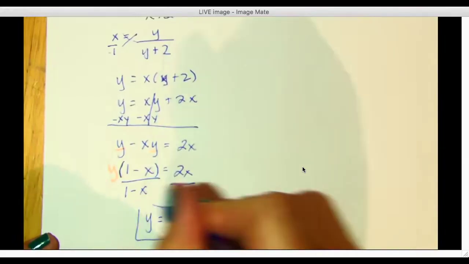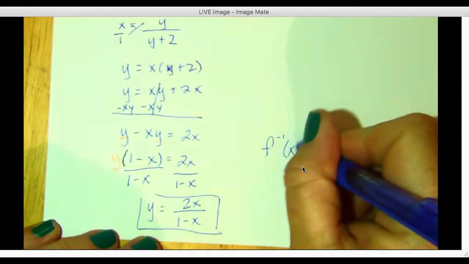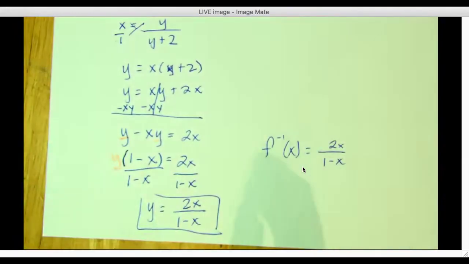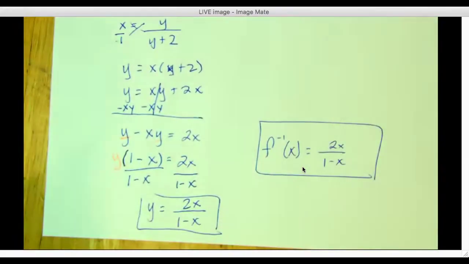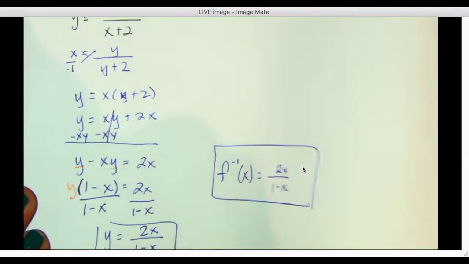And this would be the inverse. And I could always confirm that by plugging them into each other and seeing that they both equal x when you find that. And that brings us to the end of this section and the end of this chapter.